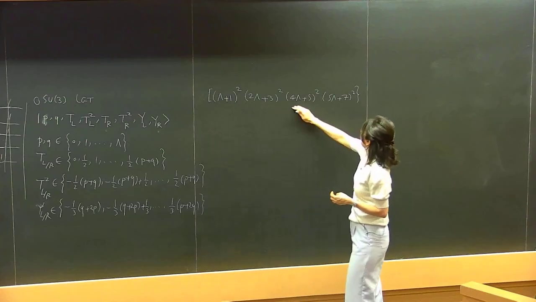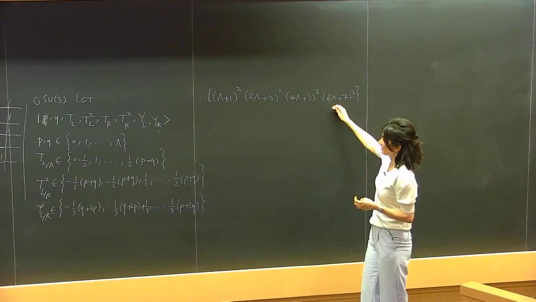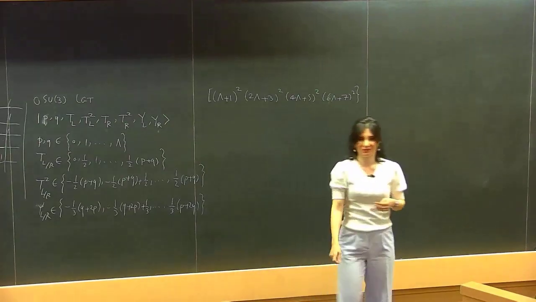This is for the Z component. And this is 6 lambda plus 7, which is for the hypercharge component.